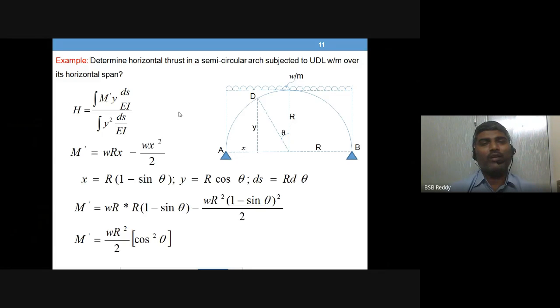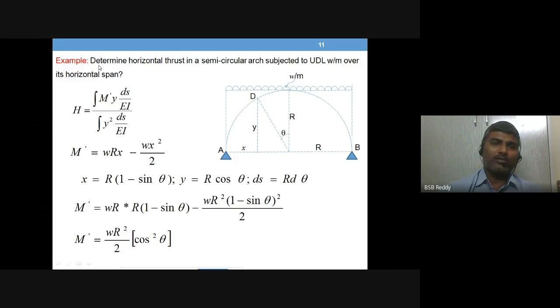In this session we will see how to solve a two hinged arch loaded by UDL on its horizontal span. Let's proceed to the solution.